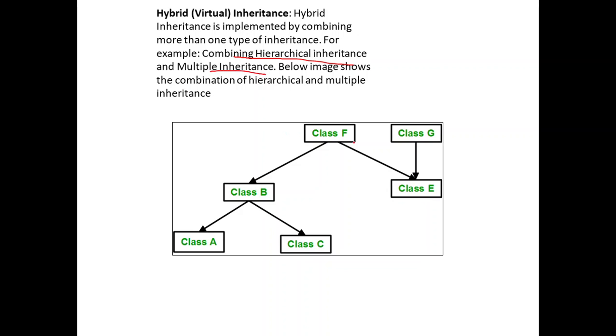Hierarchical means a single base class and multiple derived classes, whereas multiple inheritance means two base classes and one derived class. So combining these is hybrid inheritance. These are the different kinds of inheritance. Thank you.